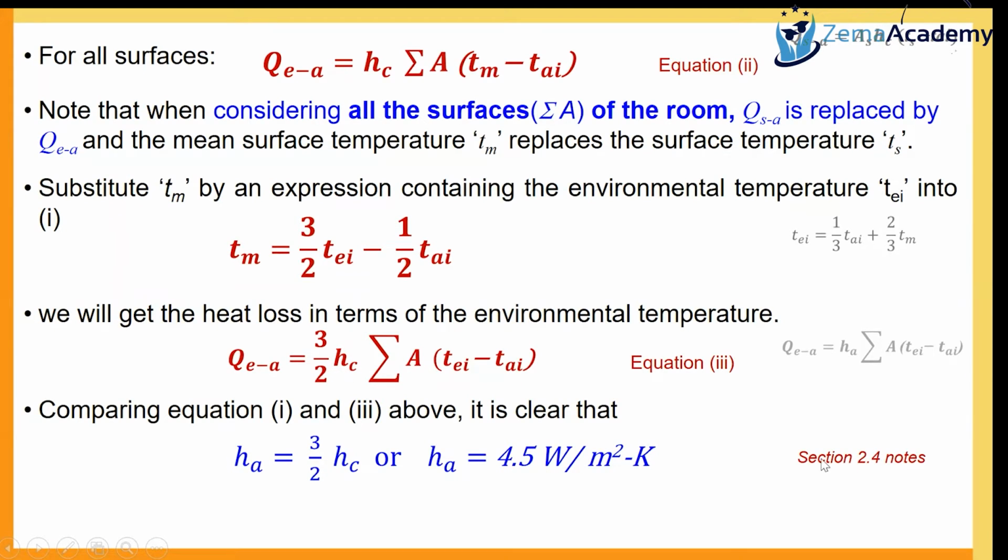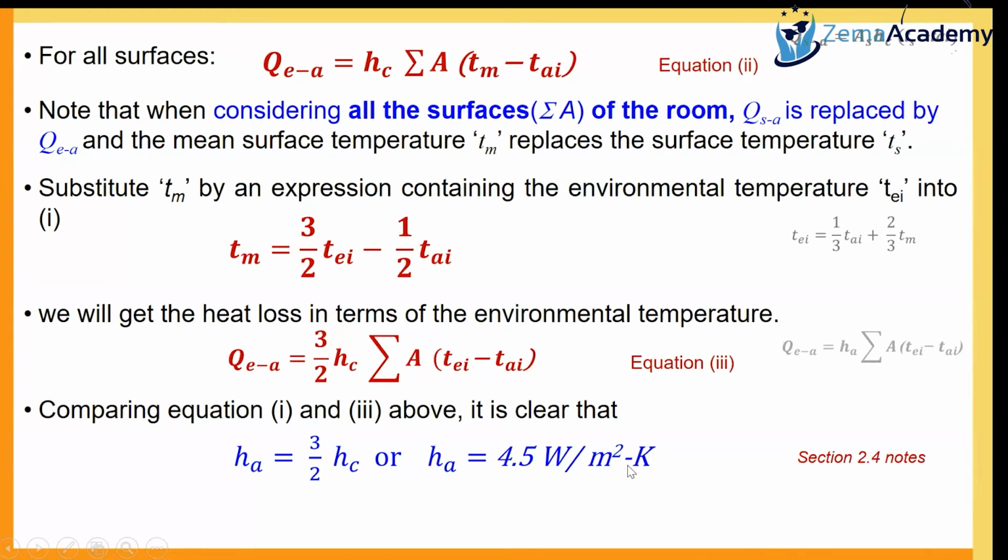That's why I've written section 2.4 notes. So if you look at week 2 notes and this section, you will see a table, and there in the table you will find these HC values. You can substitute that HC value over here, and when you solve this out, you will know this value of HA.